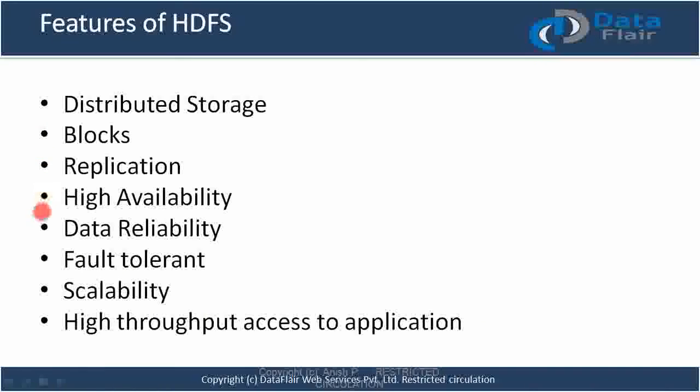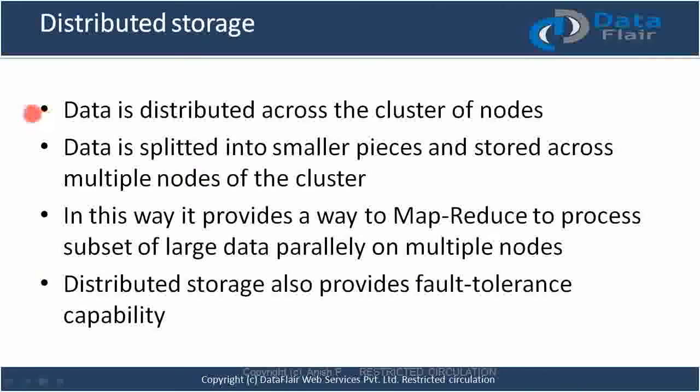Then high availability, data reliability, and fault tolerance. All three are related to replication, but what are the differences between them? Then scalability. After that we'll discuss high throughput access to application data. These are the features of HDFS, let's see them one by one.